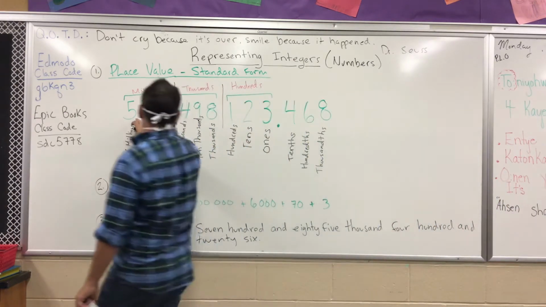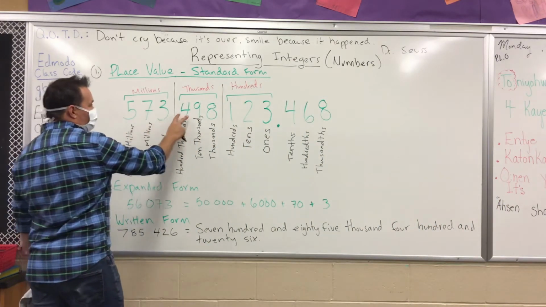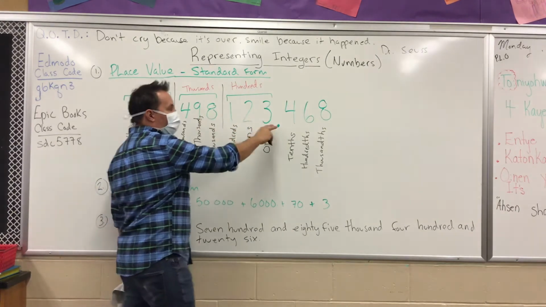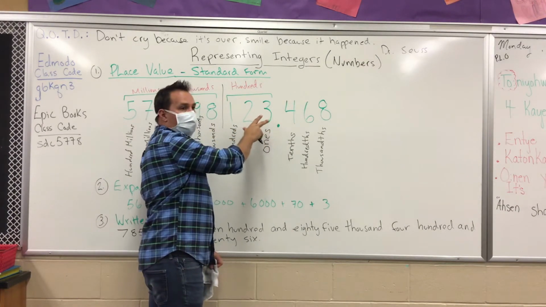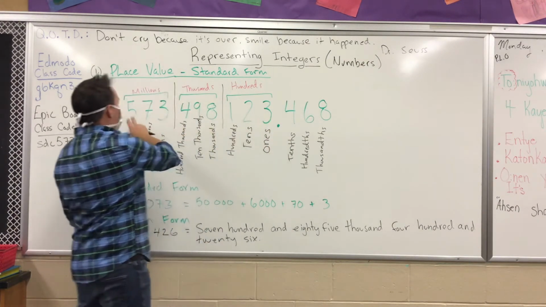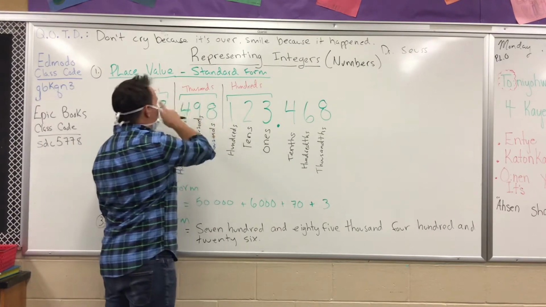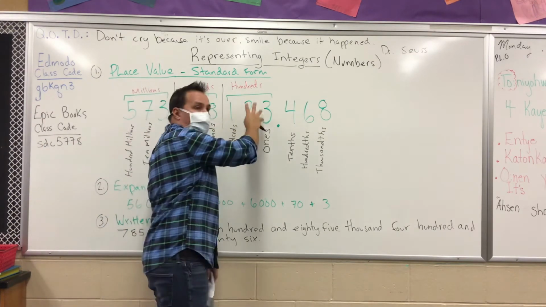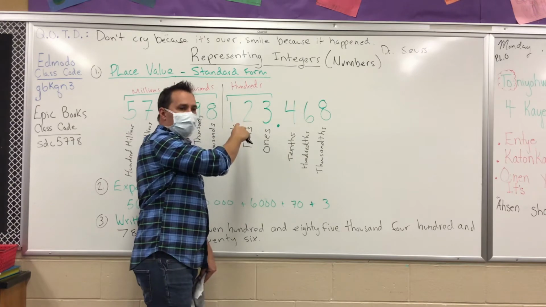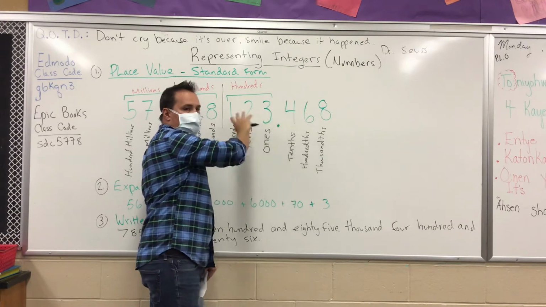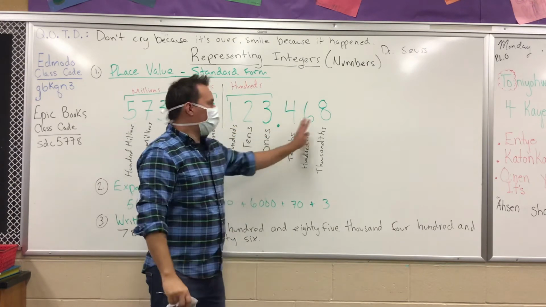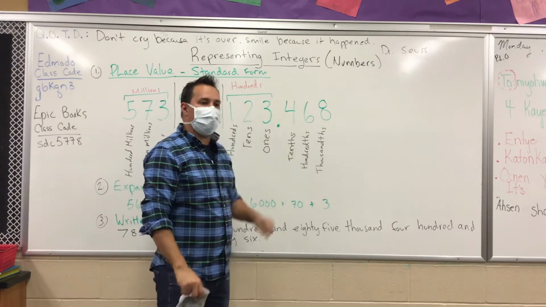Because we have 573,498,123. That's a number itself. 498,124 is another number, right? And this is here part of the way towards that next number.